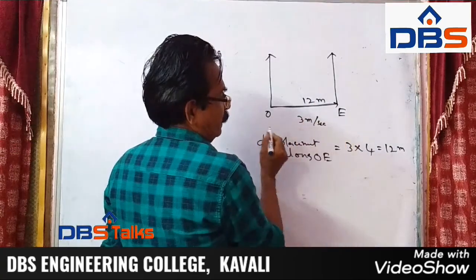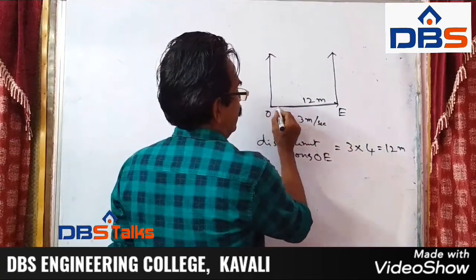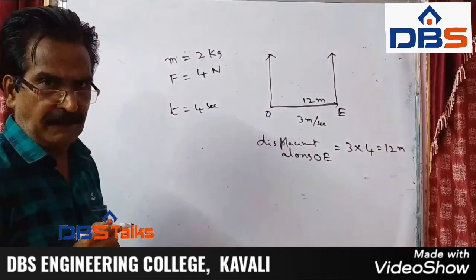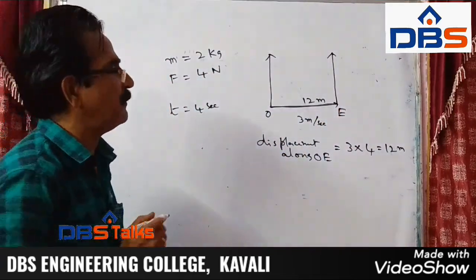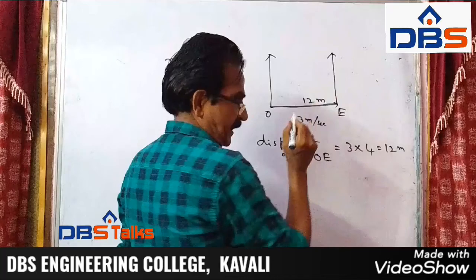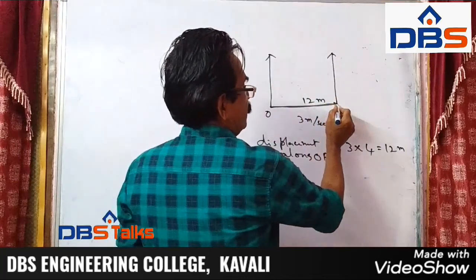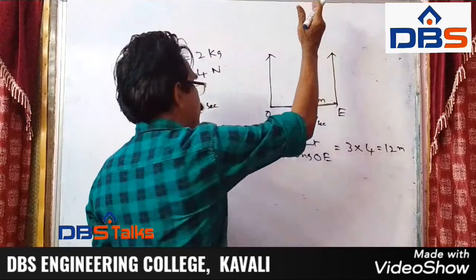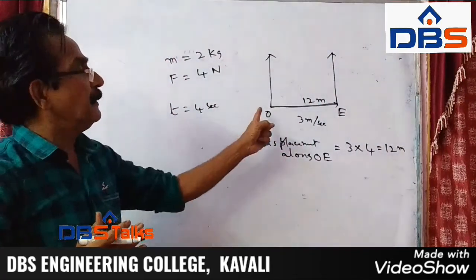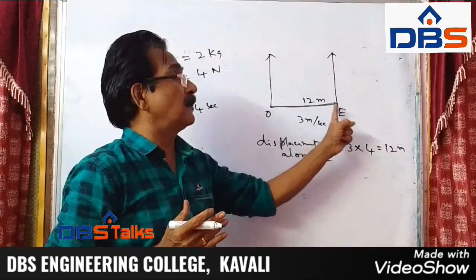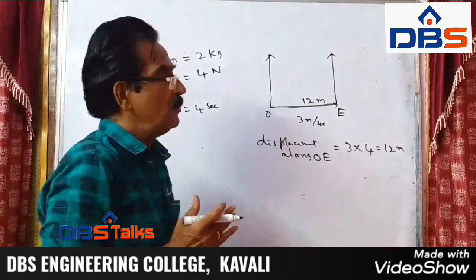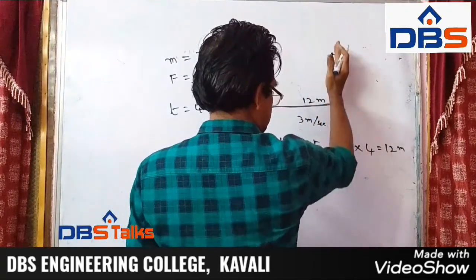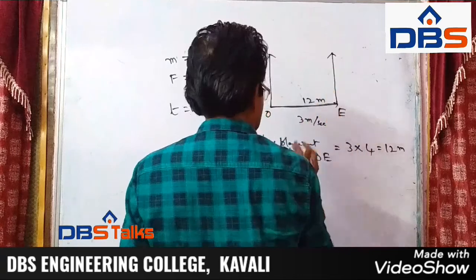After 4 seconds, the ball travels 12 meters and comes to this place. And after 4 seconds, we have applied the force of 4 newtons in the direction perpendicular to OE. So now the body moves in this direction.